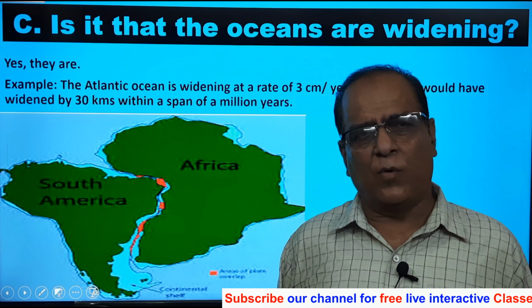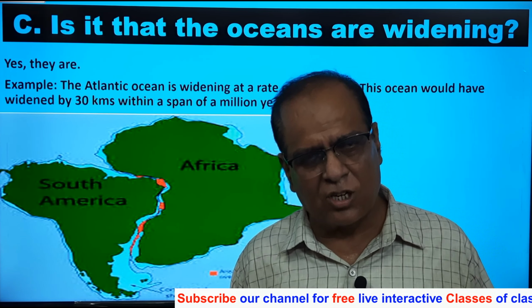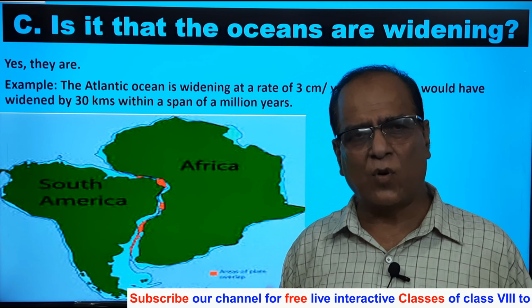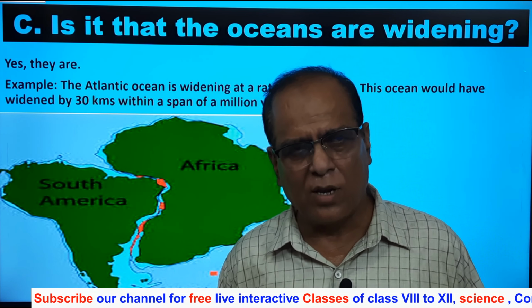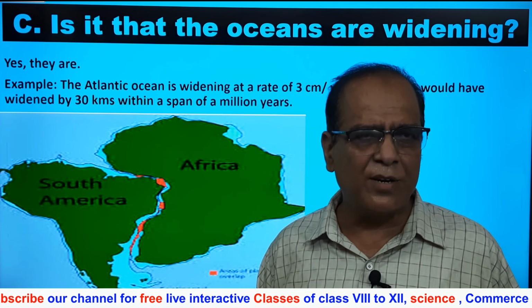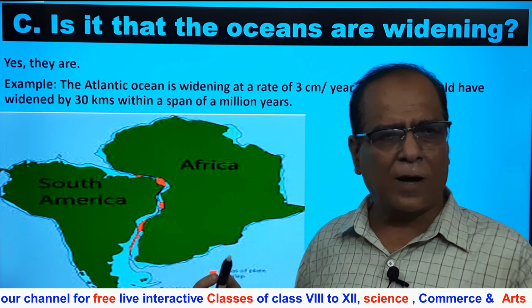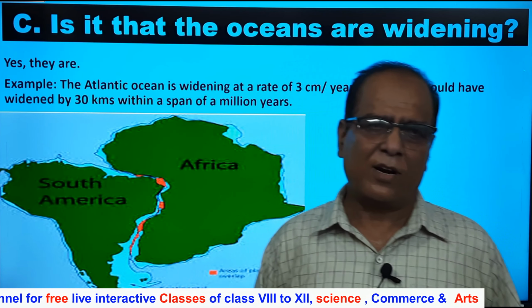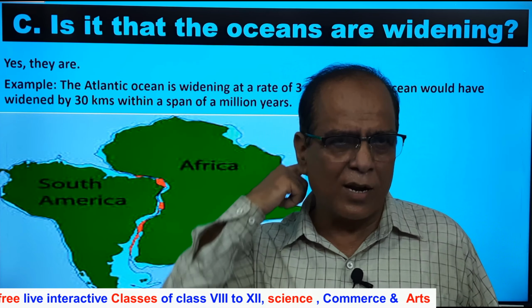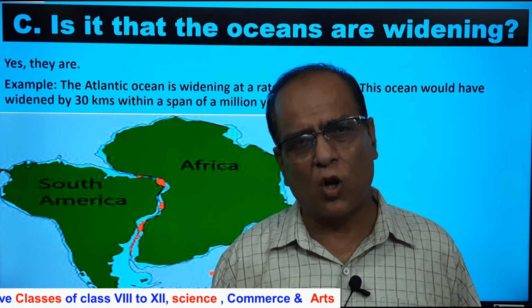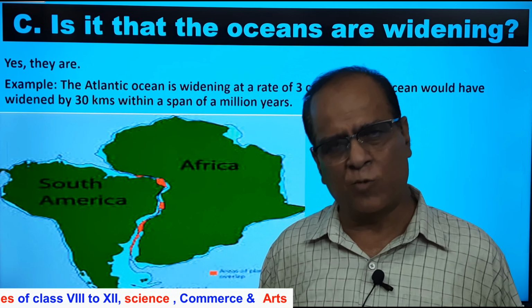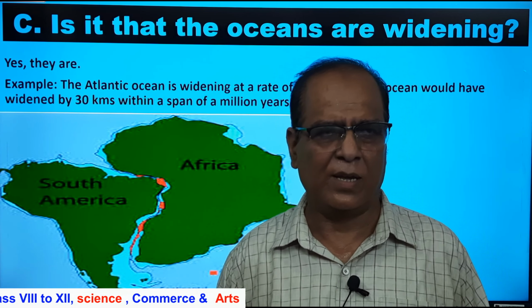Now, I have shared with you that the oceanic floor is not just a static one, rather it keeps on getting widened. Here I have put up the Atlantic Ocean; in the middle of the Atlantic Ocean there is the Mid-Atlantic oceanic ridge along which this sort of upwelling of material is happening.